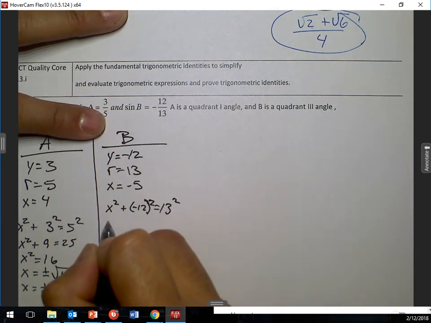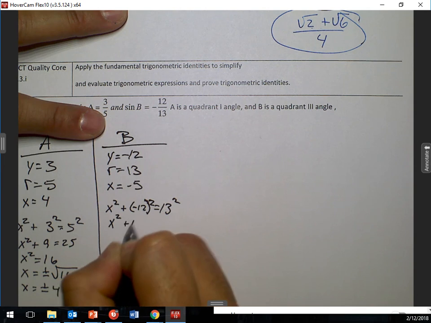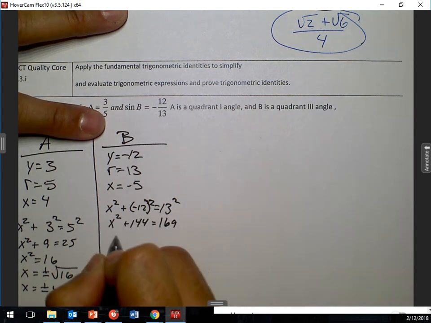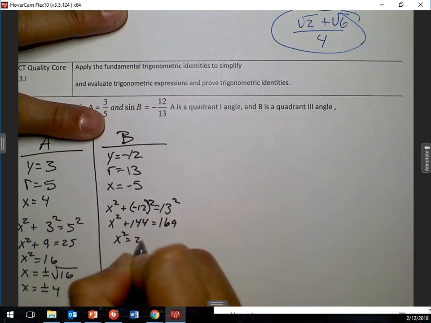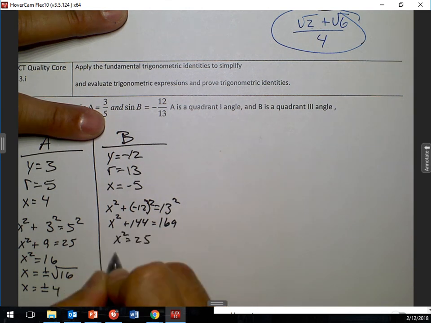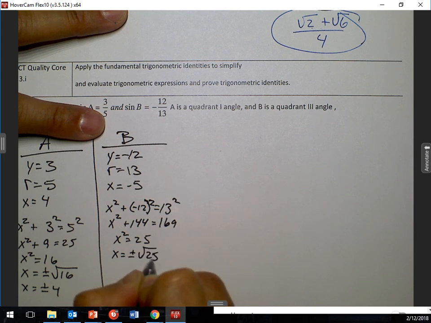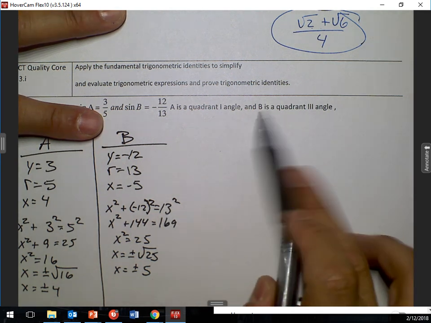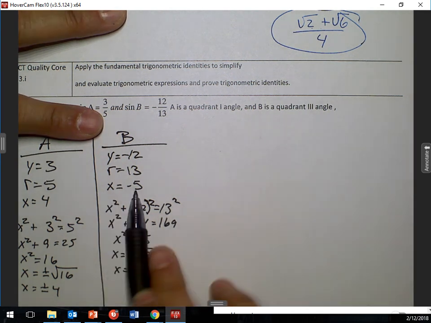So that's X squared plus 144 equals 169. Subtract 144 from both sides, so X squared is 25. X equals plus or minus the square root of 25, so X is plus or minus 5. And because this is in quadrant 3, X had to be negative right there.